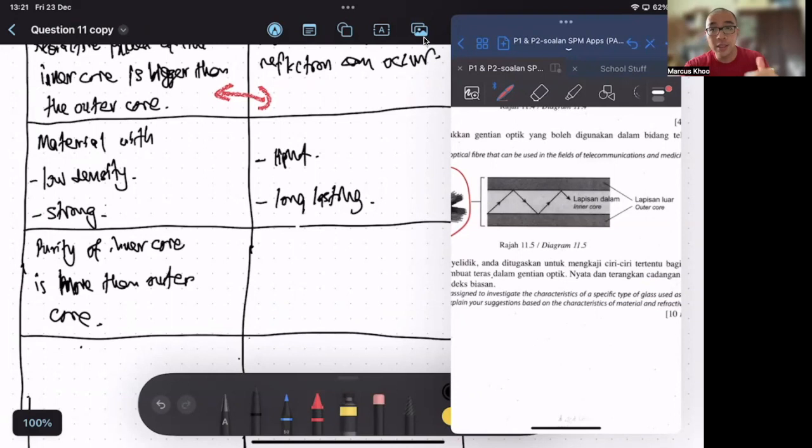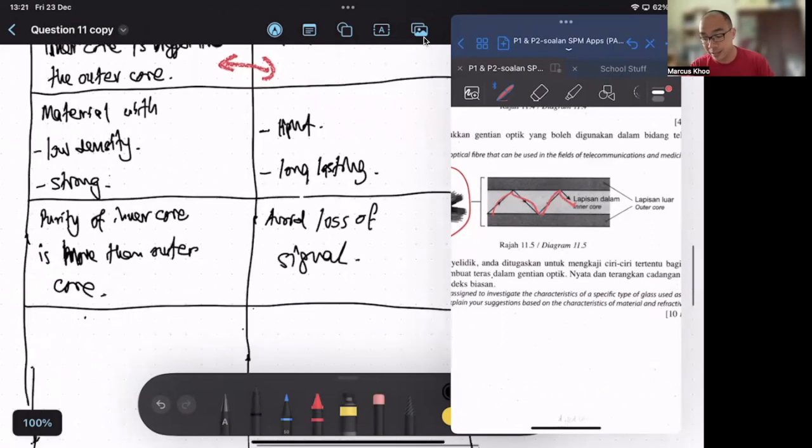This is so that more total internal reflection can occur, yes, but a better answer would be to avoid loss of signal. All the signals are going in and being totally internally reflected. If it's not pure, it's going to crash into another impurity and mess things up. So we want the signal to be as clear as possible.